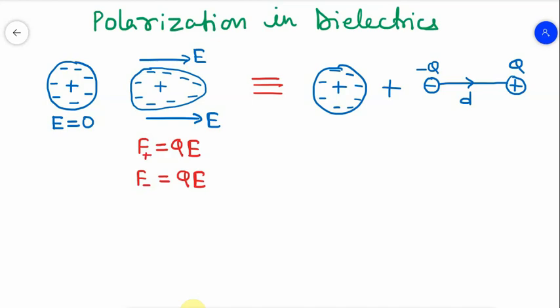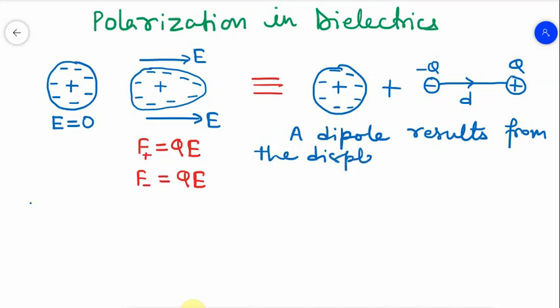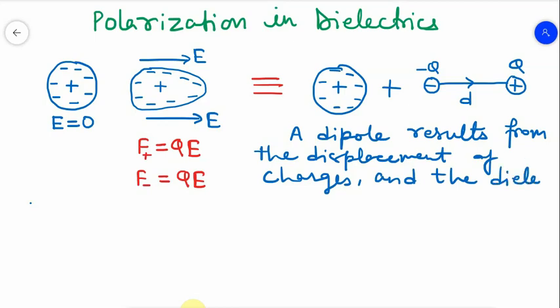So with this, what is the conclusion? A dipole results from the displacement of charges, and the dielectric, which was electrically neutral, is said to be polarized.